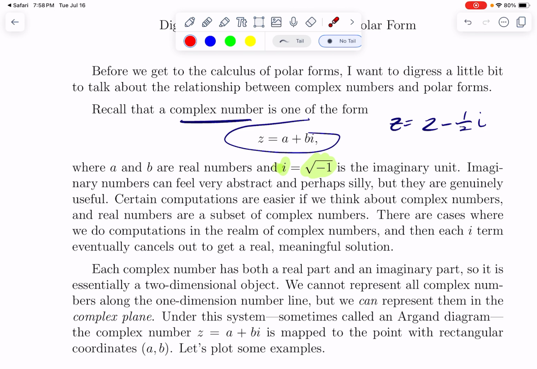And just so you know, complex numbers feel very abstract, but they are genuinely useful. There are some calculations where if we open ourselves up to the existence of complex numbers and do the computations in terms of complex numbers, in the end, all of this imaginary stuff cancels away or is irrelevant in one way or another, and we're left with a real solution that makes sense to an actual physical problem.